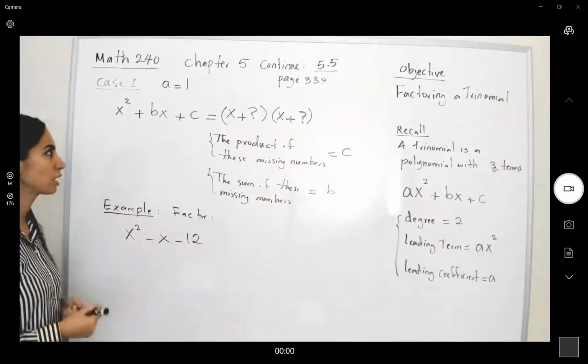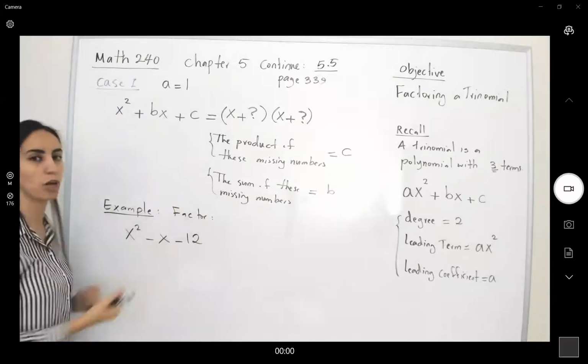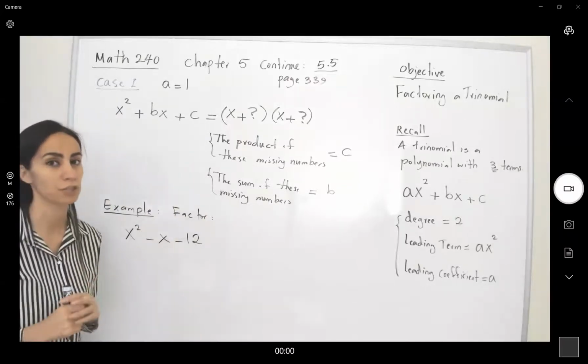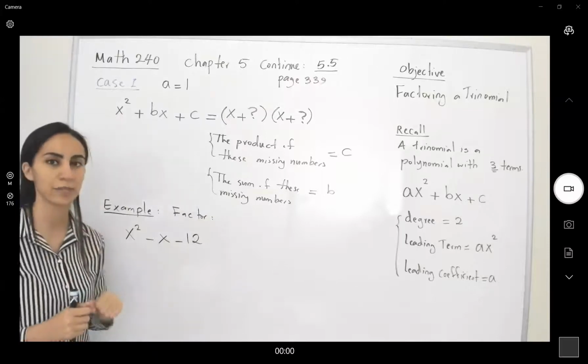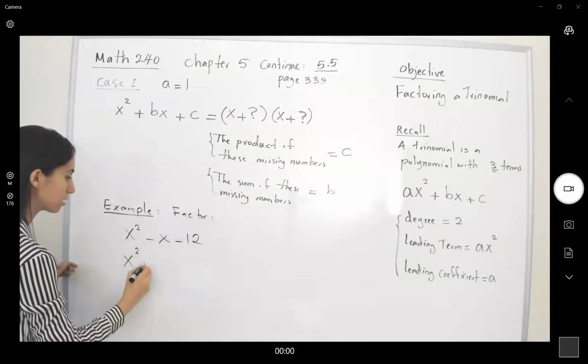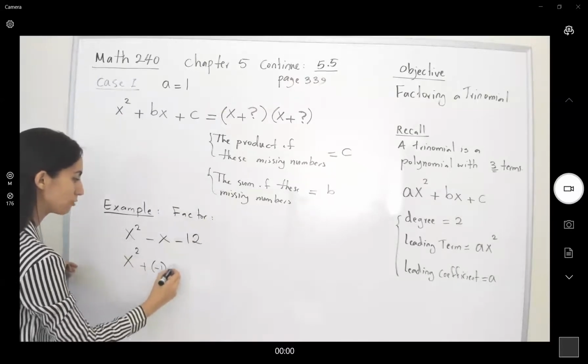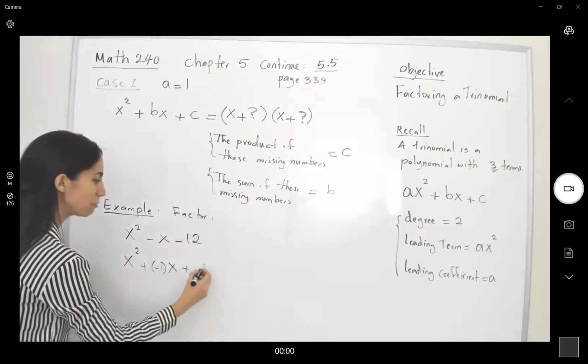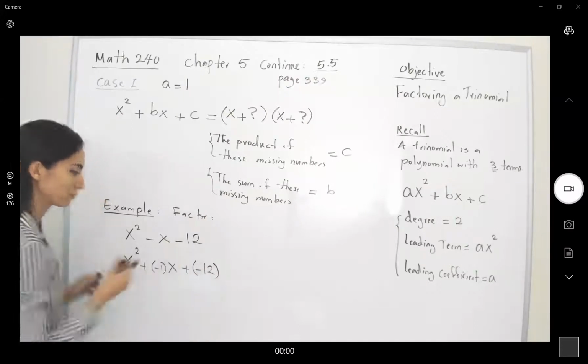Okay. Let us take a look at our trinomial, our quadratic expression. This expression is written as x squared plus minus 1x plus minus 12.